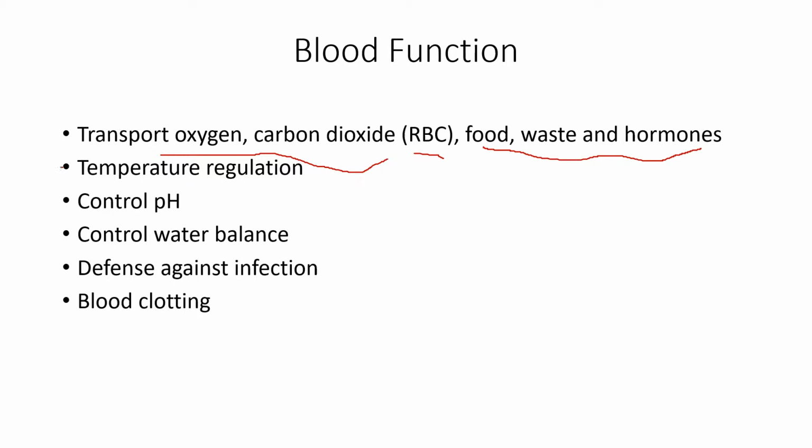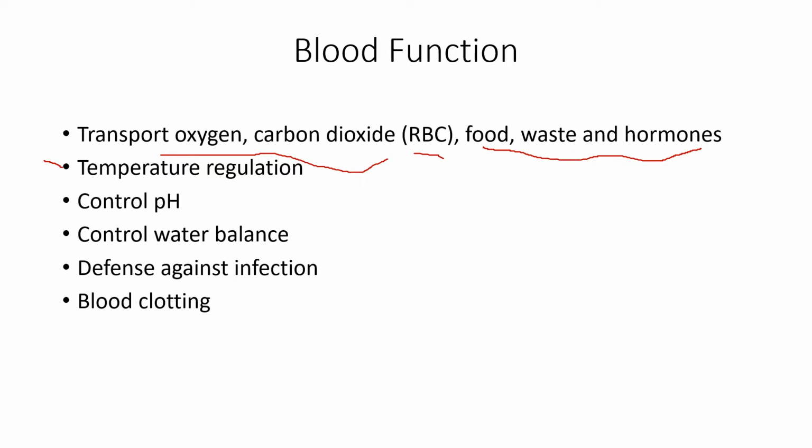Blood can actually help to regulate temperature in the body. An example would be if you see someone coming in from the cold and their cheeks are red and rosy. That's actually a physiological factor where your body is sensing cold air on the skin.